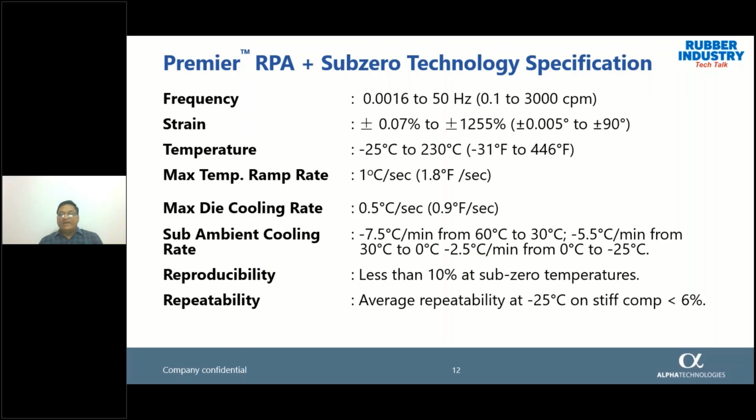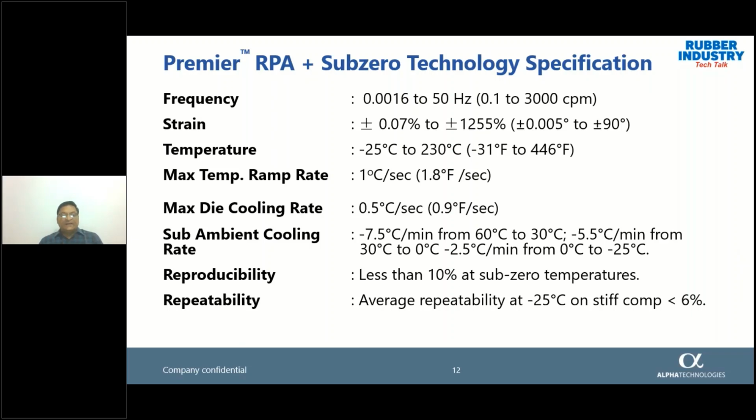So we have very controlled cooling of the die, and we can attain temperature accuracy of plus or minus 0.2 degrees centigrade at -25 degrees centigrade.